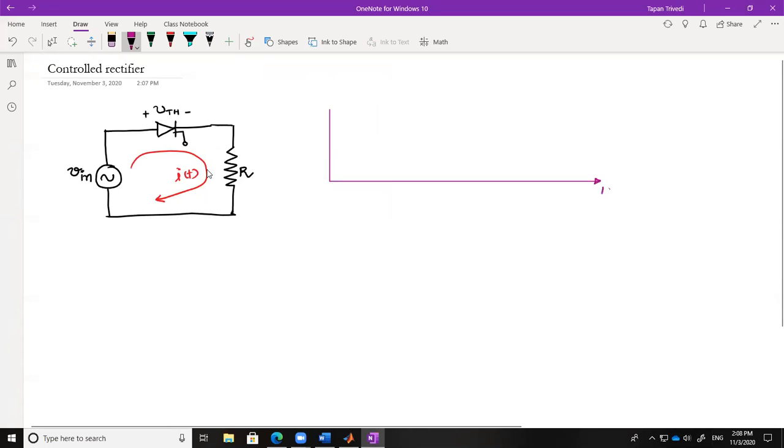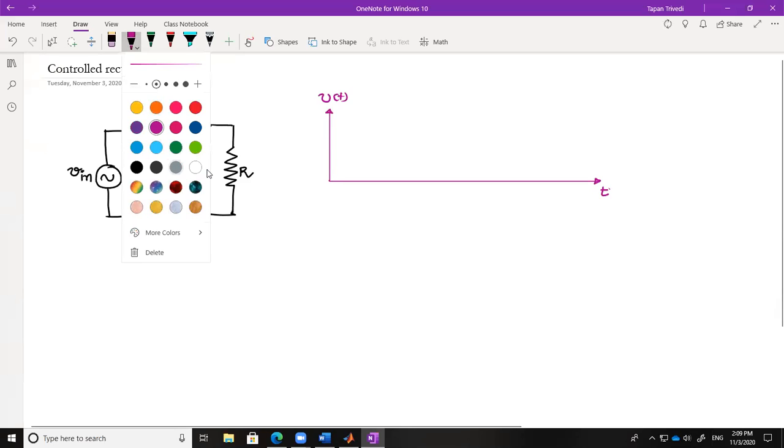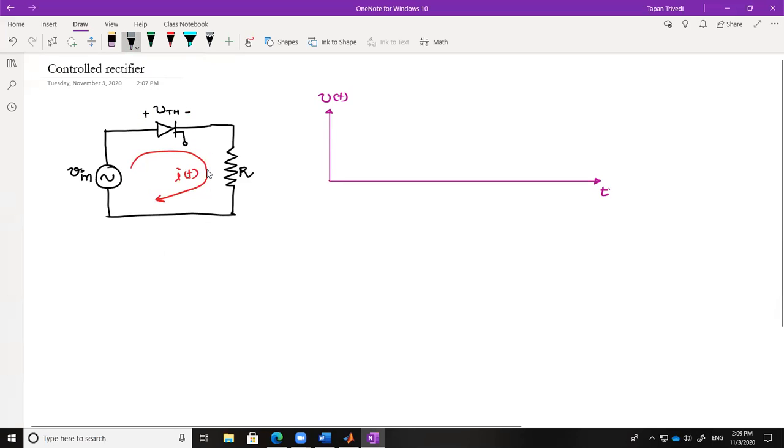So this is time. On the y-axis, I have v of t as well as other signals. Now V in of t is shown by a dashed line.